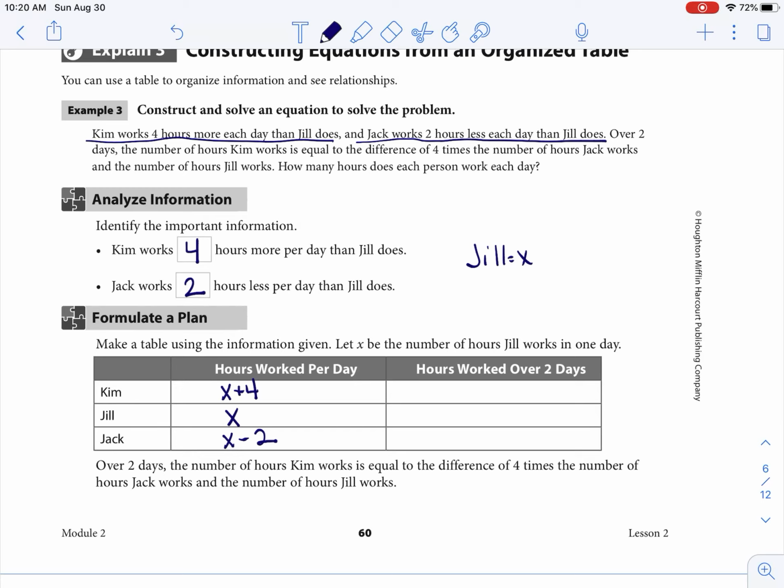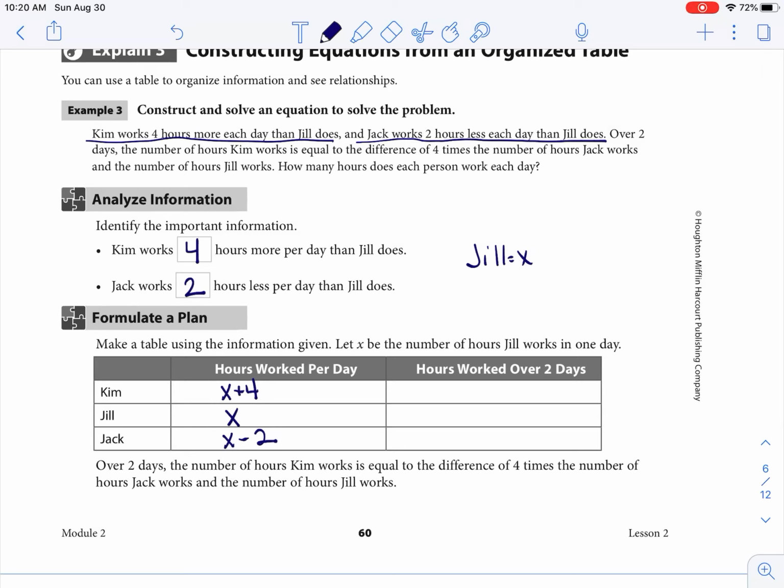Then they say over 2 days, the number of hours Kim works is equal to the difference of 4 times the number of hours Jack works and the number of hours Jill works. Okay, so let's start here for a second. Hours worked over 2 days.